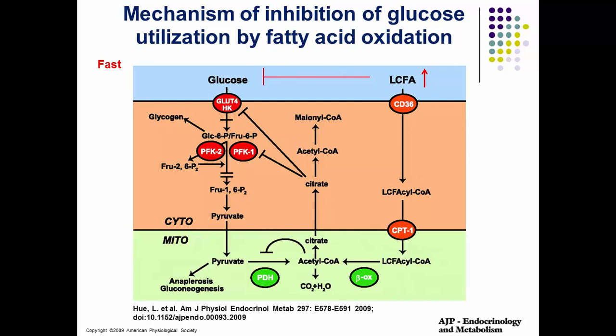For fatty acid utilization, first of all, fatty acids are activated to fatty acyl-CoA in the cytosol, and then need to be transported into the mitochondria. This process is controlled by the enzyme CPT1 on the membranes of mitochondria, which controls the transport of fatty acyl-CoA from cytosol into mitochondria.